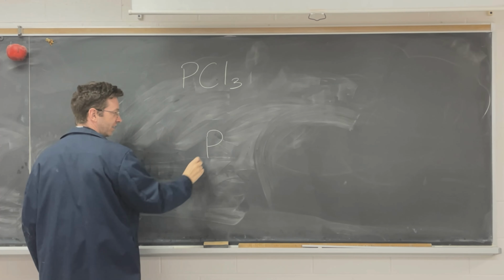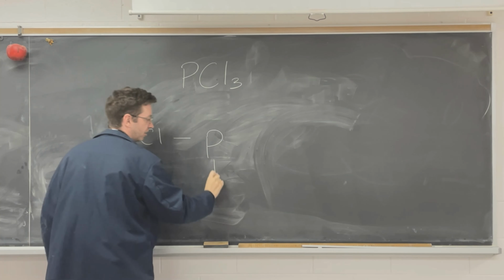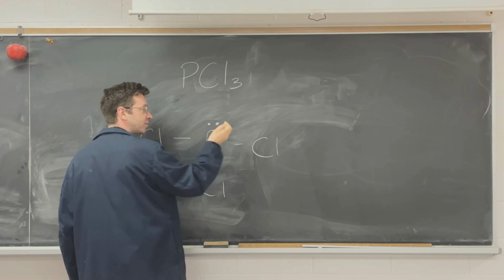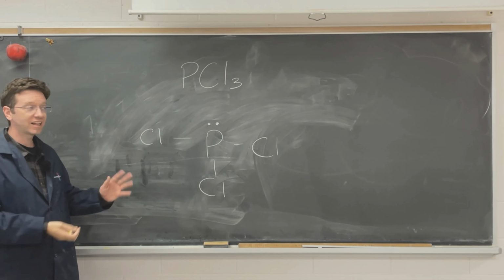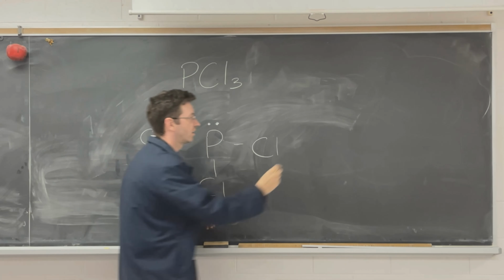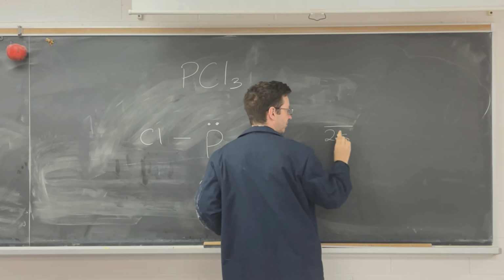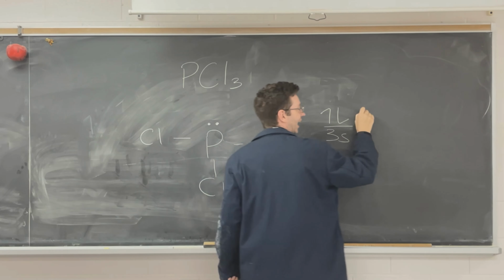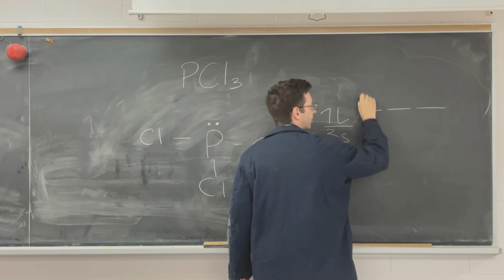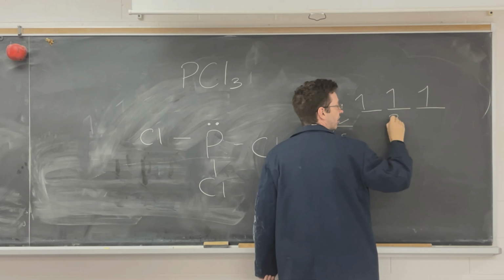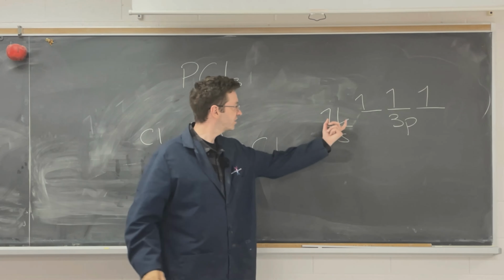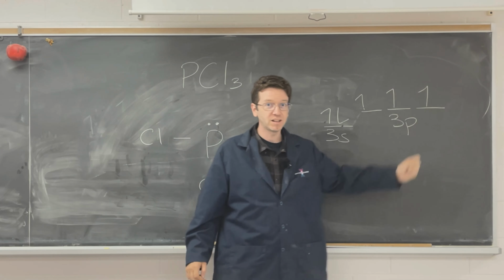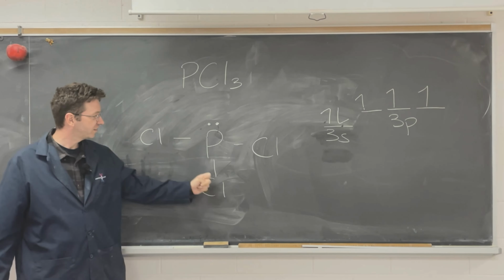So we can have P with chlorine, chlorine, chlorine, and a free electron pair, just like its energy level diagram. 3s, and then our 3p. There's our lone electron pair, and here's 3 lone electrons ready to be shared.